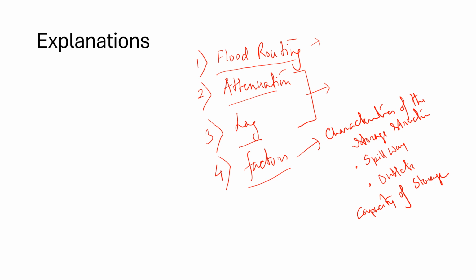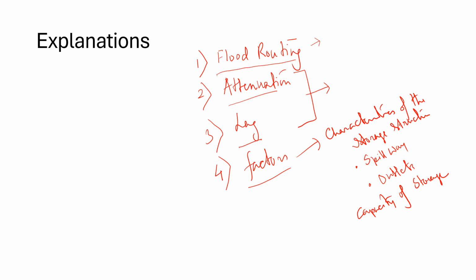Okay, and by attenuation and lag, certainly when a flood hydrograph is entering into a reservoir, then what happens? Due to the storage capacity of the reservoir, some amount of water gets stored.